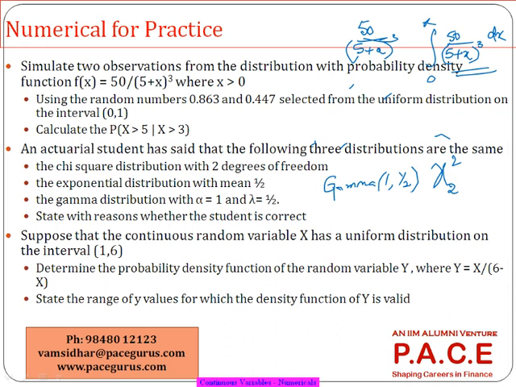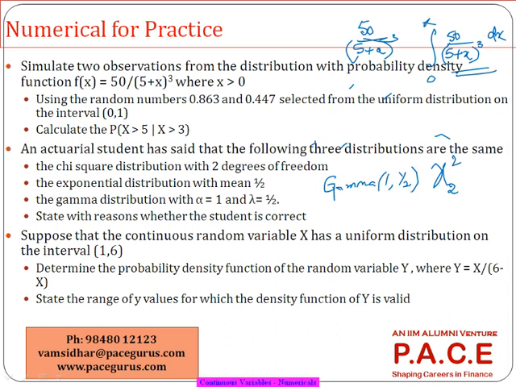When is it an exponential distribution? If alpha is equal to 1 in a gamma distribution, it becomes an exponential distribution. So this is an exponential distribution itself.